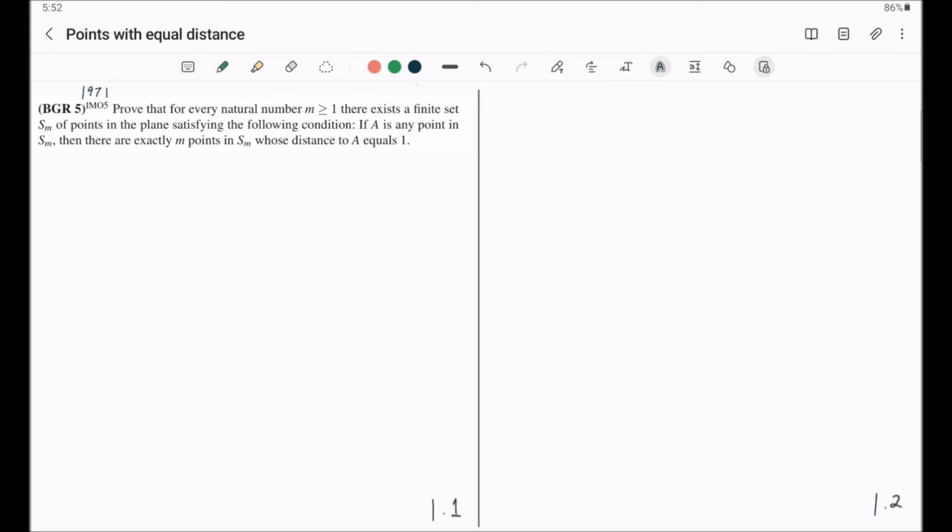Let me illustrate what this problem is talking about with a picture. When m equals 2, you can simply take S_m to be the set of 3 points which form the vertices of an equilateral triangle of side length equal to 1.